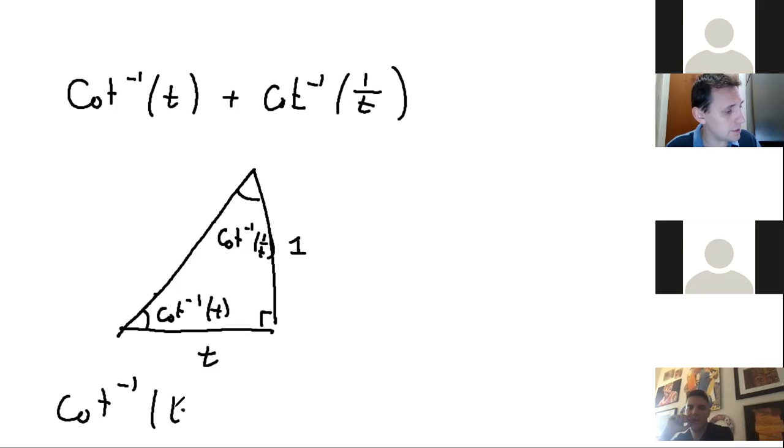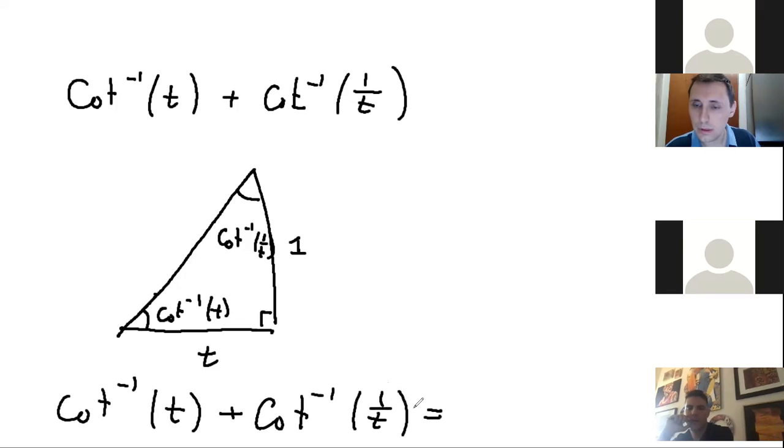So cotangent inverse of t plus cotangent inverse of 1 over t, what do you think that number is equal to? Pi over 2 to be precise.